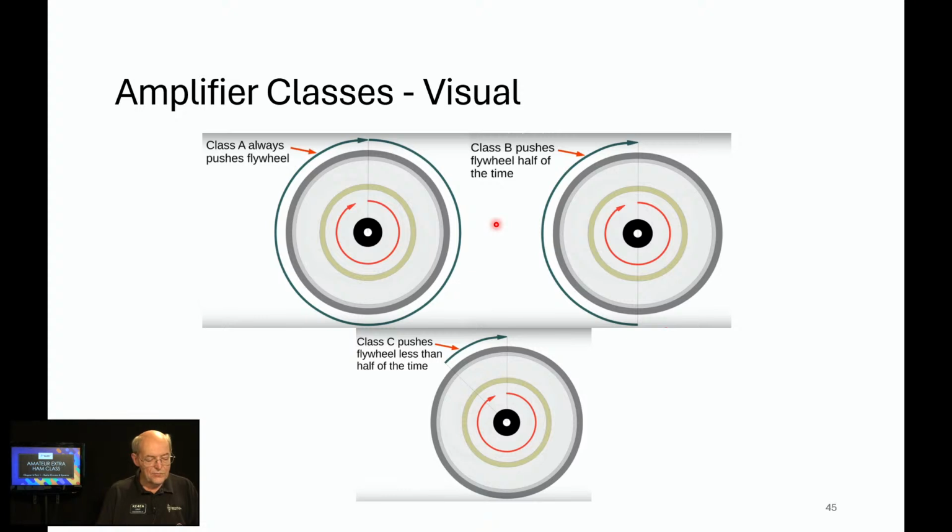Class B pushes the flywheel half of the time, and Class C pushes the flywheel less than half of the time. But a flywheel is a heavy piece of circular metal, like a wheel, and it's going to continue to turn even after you've taken the push away. And that's going to be very helpful in certain radio applications.